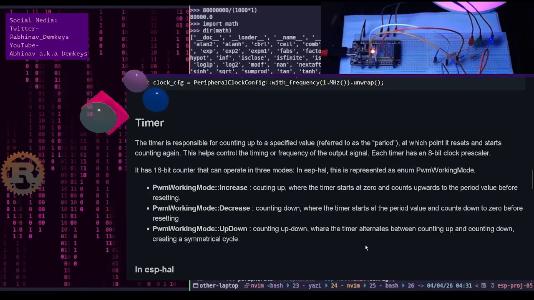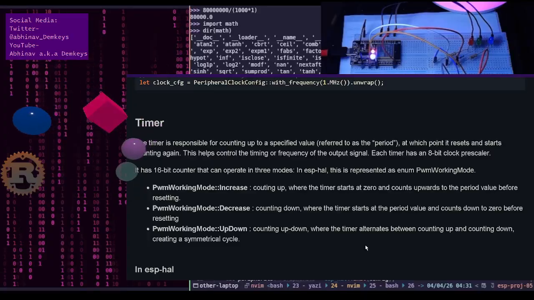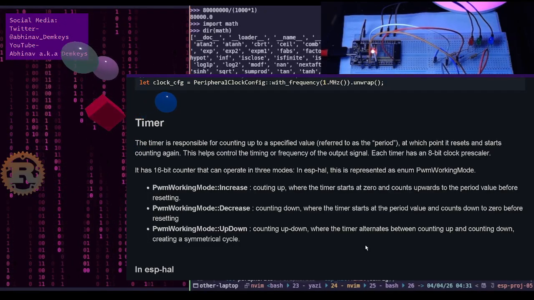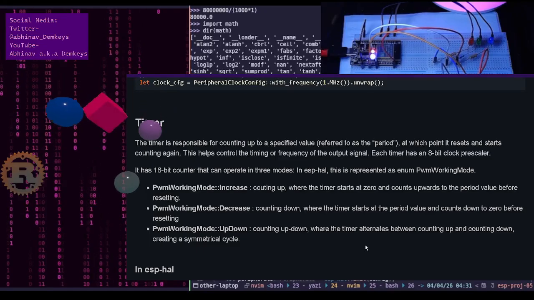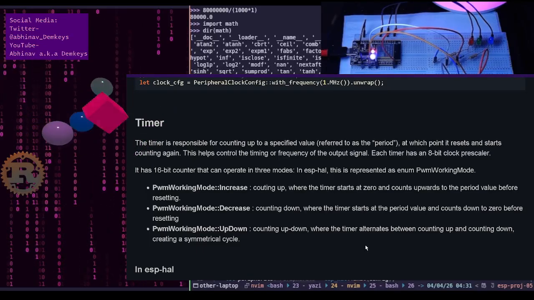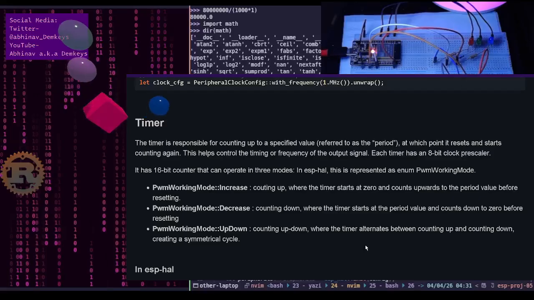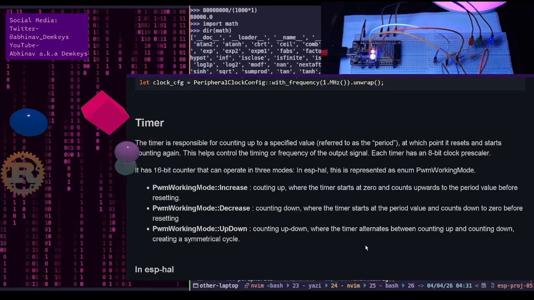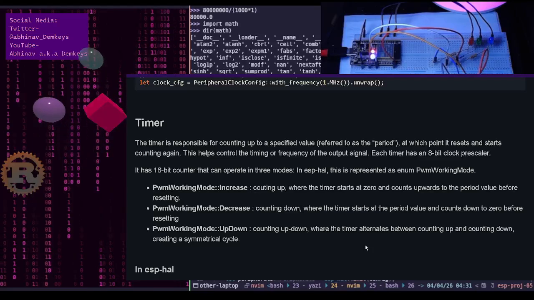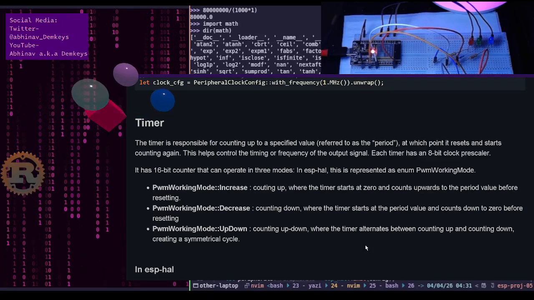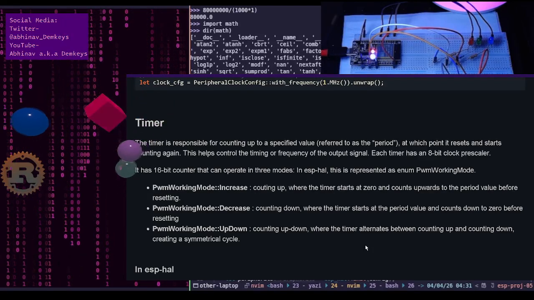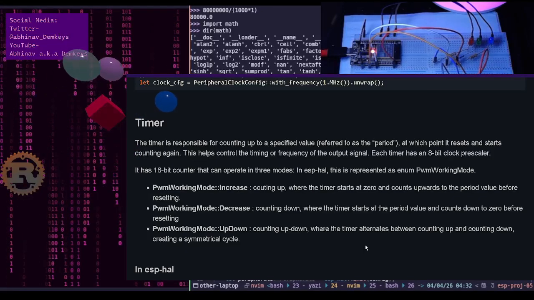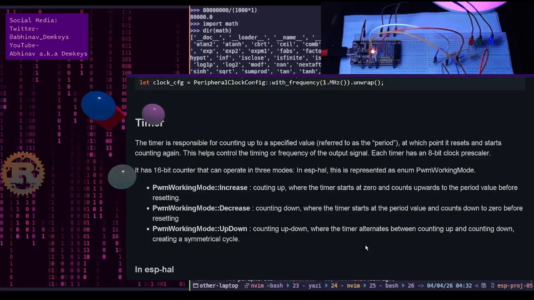The timer is responsible for counting up to a specified value, referred to as a period, at which point it resets and starts counting again. This helps control the timing or frequency of the signal. Each timer has an 8-bit clock prescaler. It has a 16-bit counter that can operate in 3 modes. In ESP-HAL, these are represented as an enum, PWM working mode.